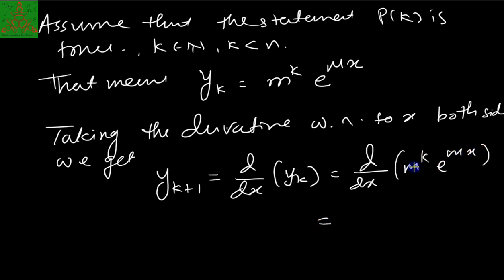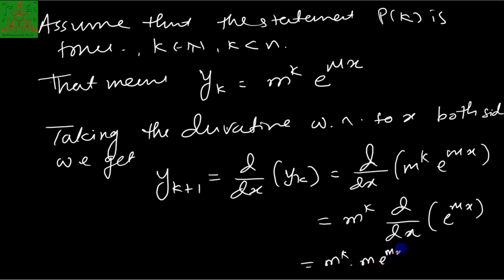But m power k is independent of x, so I can write it outside the derivative, and d by dx, the first derivative of e power mx, we already calculated, is m into e power mx. So that will give you m power k plus 1 e power mx.